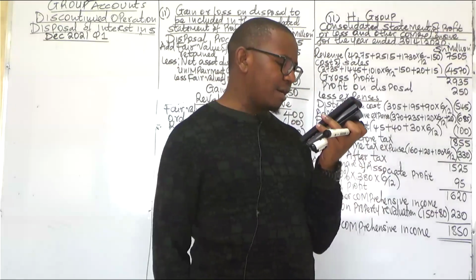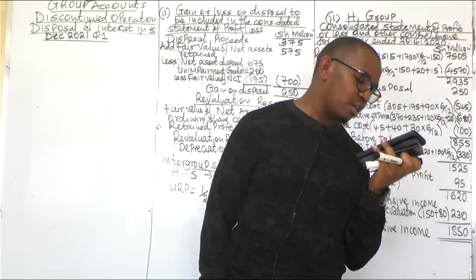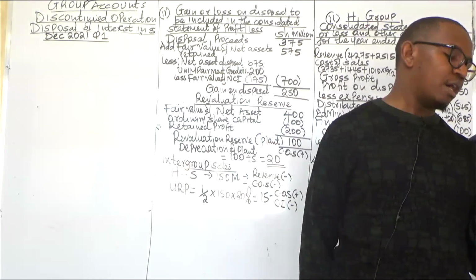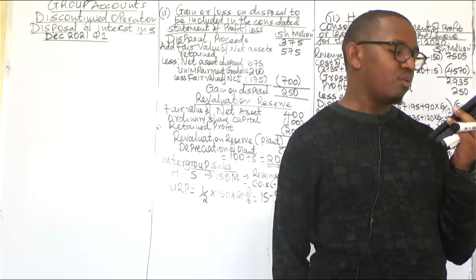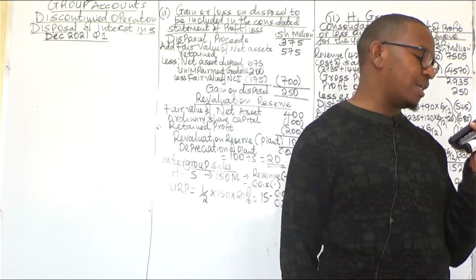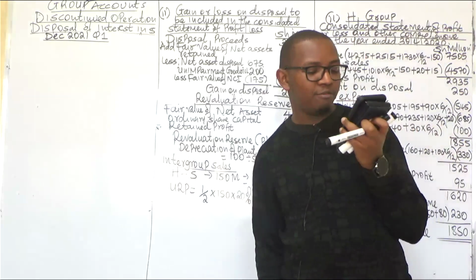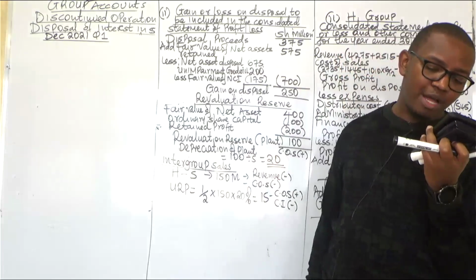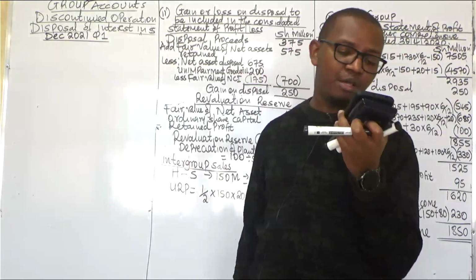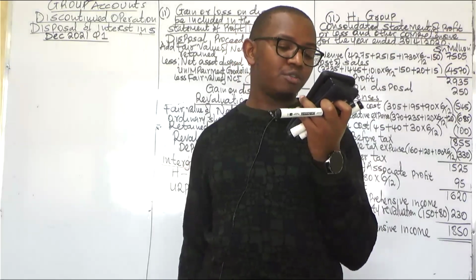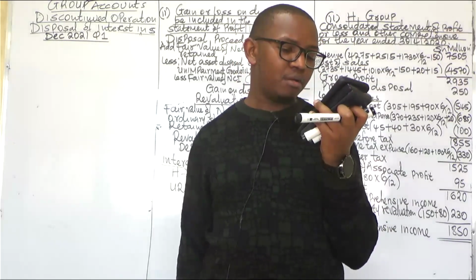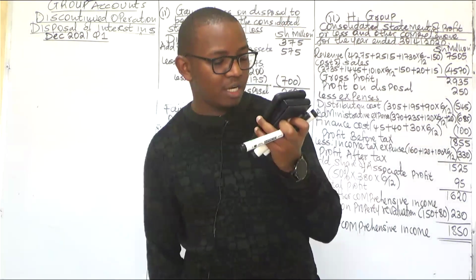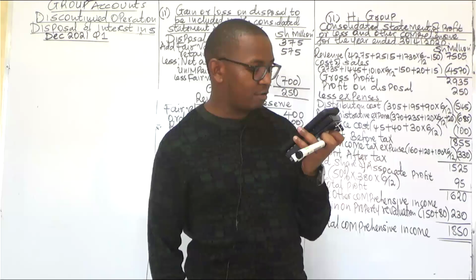Pareto Limited had acquired 100% equity interest in DAFU Limited a number of years ago, when its retained earnings amounted to 1750. At the acquisition, the fair value of the identifiable net assets of DAFU Limited approximated their carrying value. Purchase consideration comprised of cash of 5750.